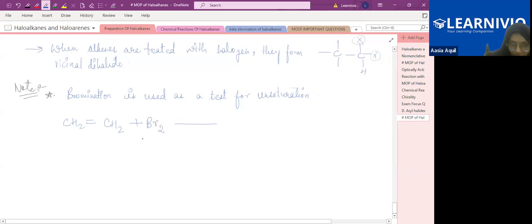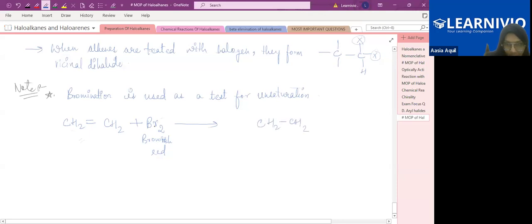Bromine is a brownish red color. So this is brownish red, and when you add ethene to this bromine water, the bromine solution, it will make this double bond unsaturated.